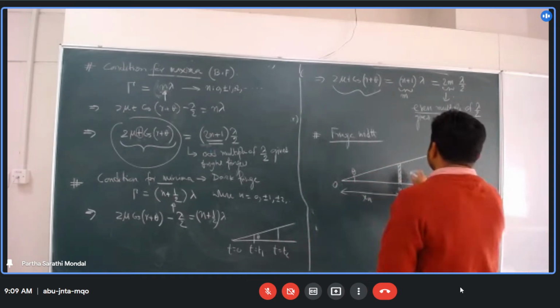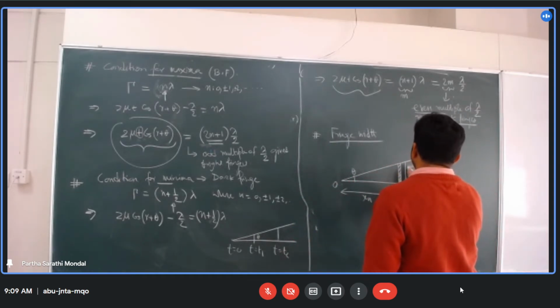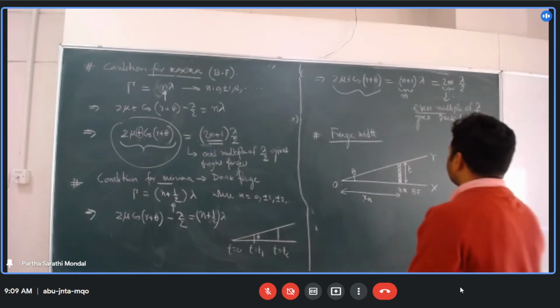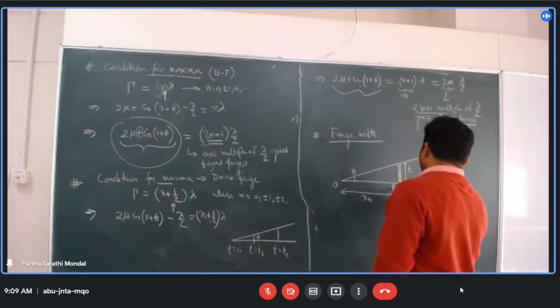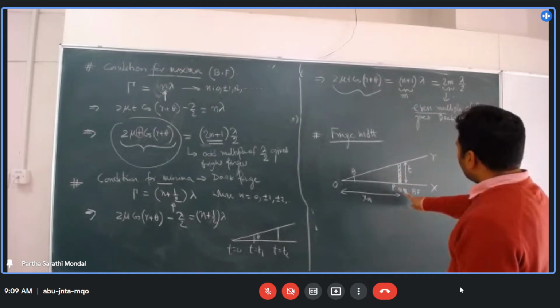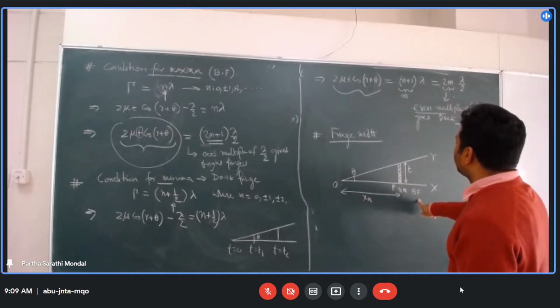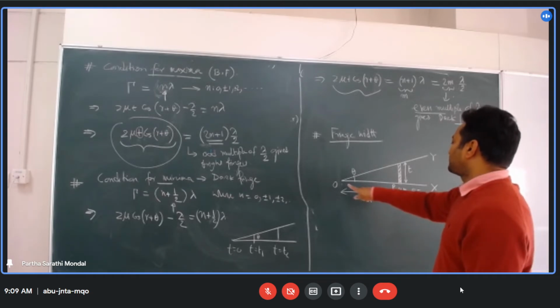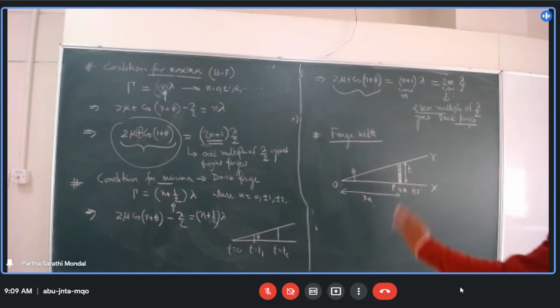And this is the thickness of the film. At some point, let's say it is the point P. So at point P, the location of the nth bright fringe we have considered is at distance xn from O, the zero thickness point.